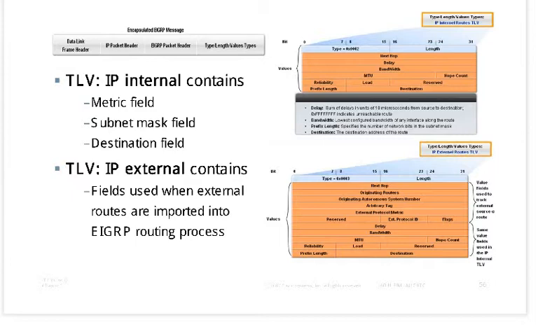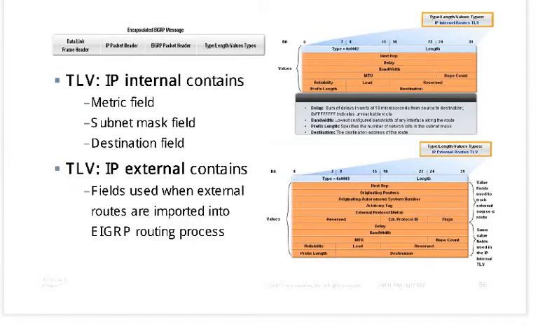The second TLV type is what we call IP internal fields. Okay, the IP internal fields is the main field where you communicate the routing information. So I expect here to find the destination. I expect here to find the metric, right, and so on.